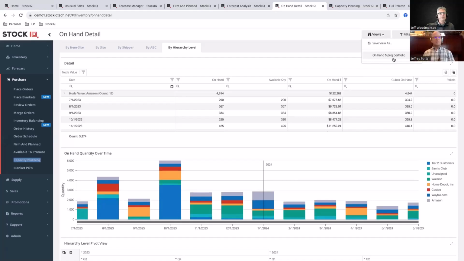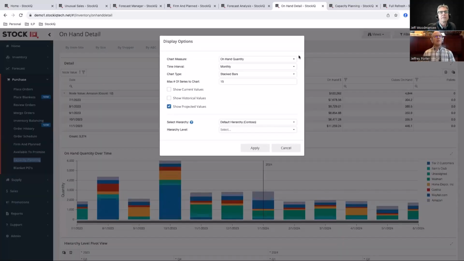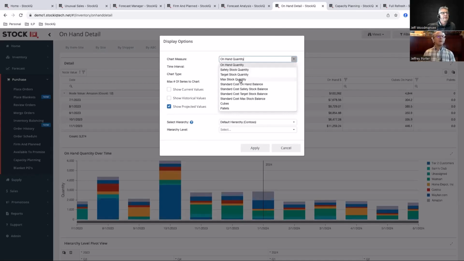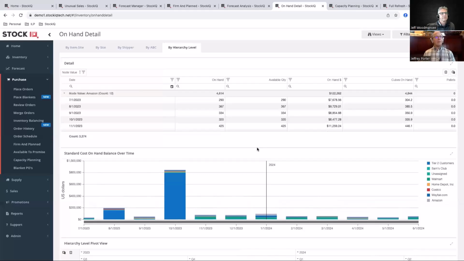If I'm in a seasonal business right now and my season ends in December, and I'm looking out in here and going, what in the world am I going to be doing with all this inventory? And by the way, let's dollarize that and look at our standard cost to the on-hand balance in this overall view. I now know potentially how many dollars I'm going to have at the end of the season. So a lot of these reports from this inventory projection can be used by different entities in the plan.